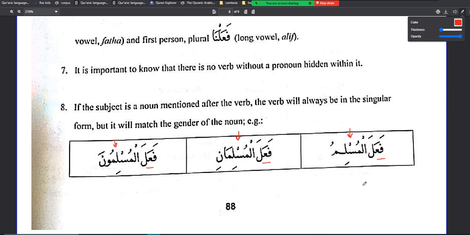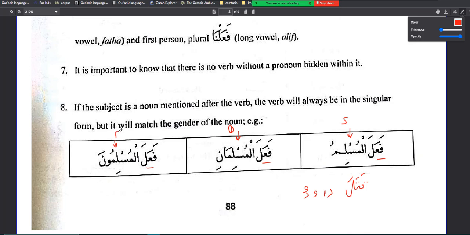Like we had the example of qatala and then we had Dawud, right? Dawud was singular or plural, right? But the word was qatala. So what they're saying here is even if the fa'il or the subject is singular or dual or plural, the fi'l is going to remain the same.